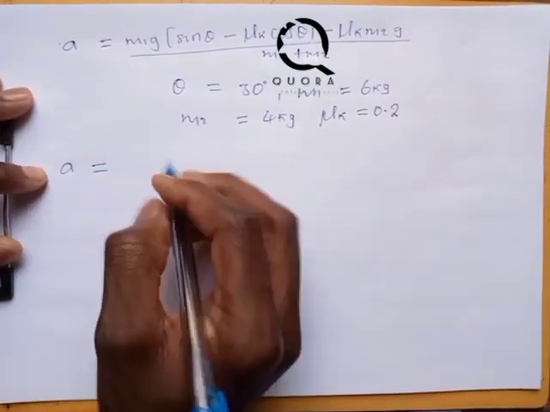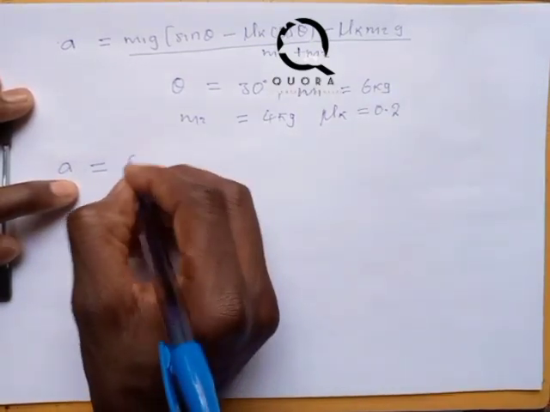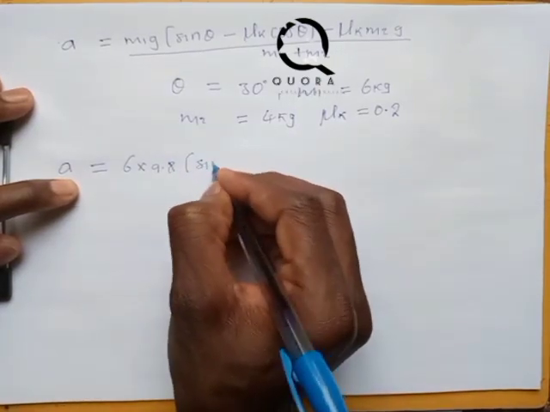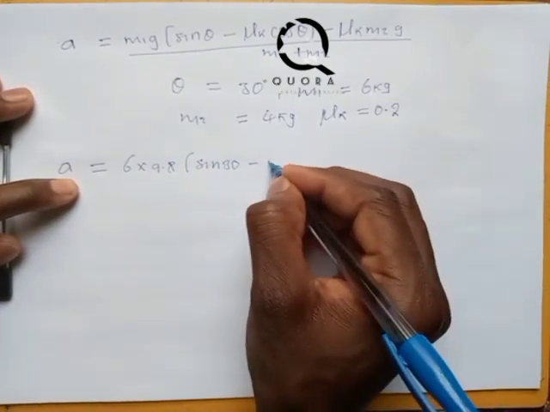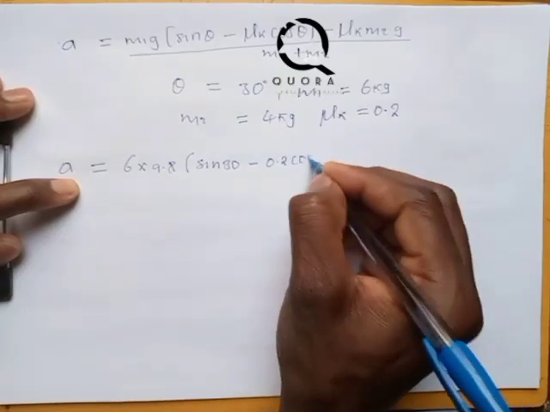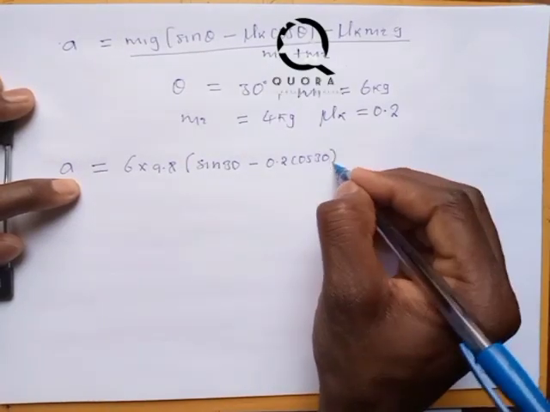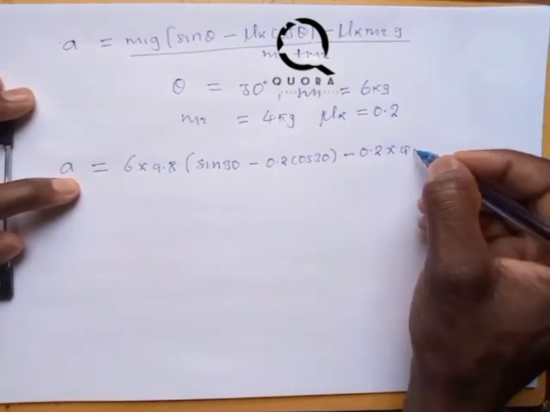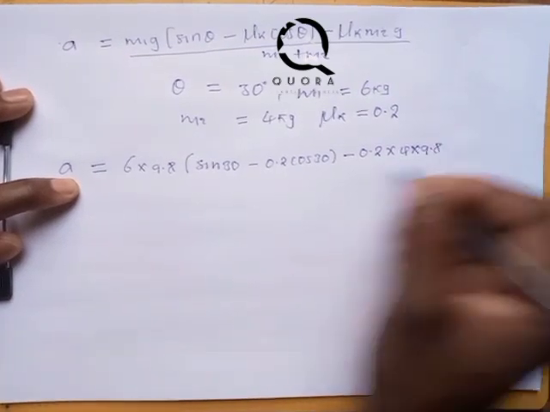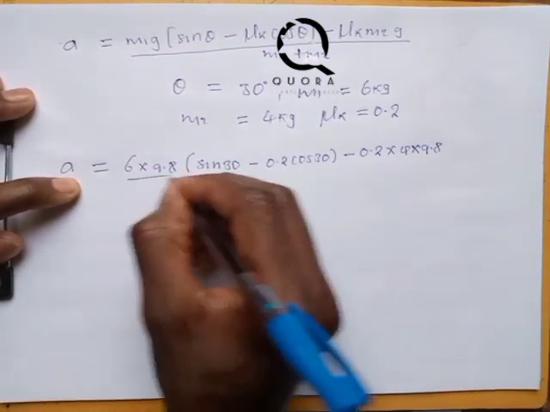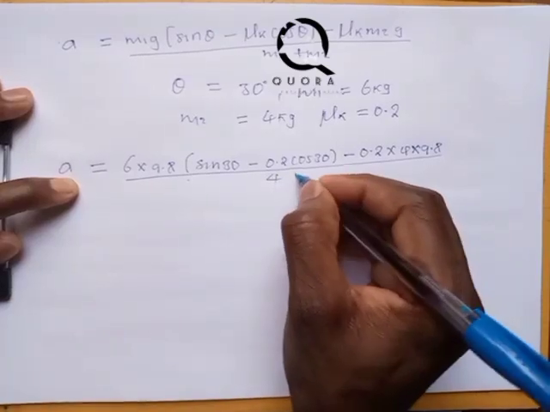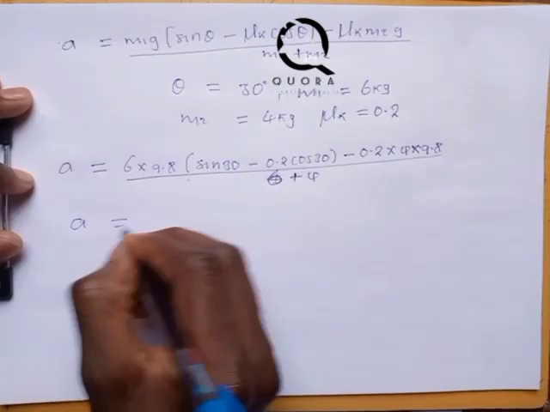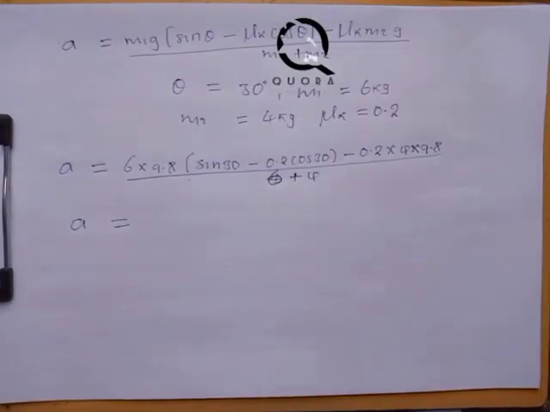So we're going to have a equal to M1, 6, multiplied by 9.8, open sine 30 minus 0.2 cos 30 close, minus 0.2 multiplied by 4, which is M2, multiplied by 9.8, over 6 plus 4. So if you do calculations, you are going to get something like this.